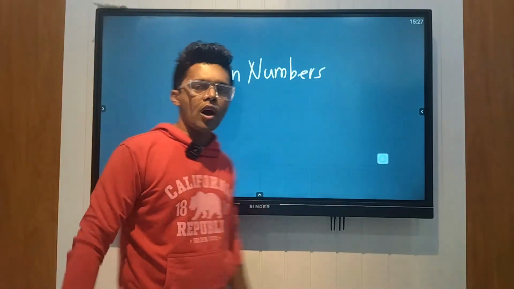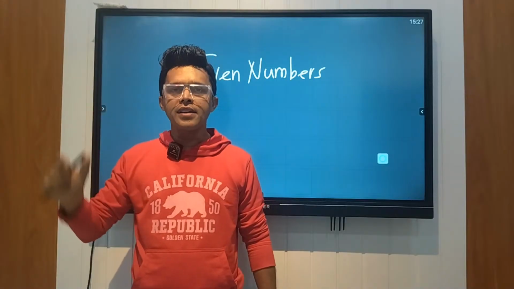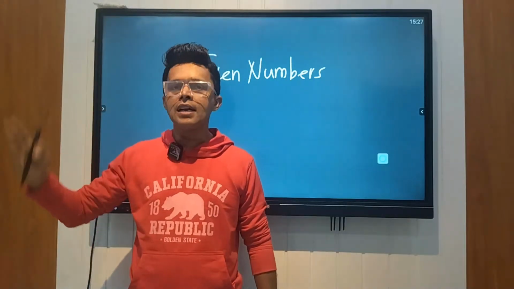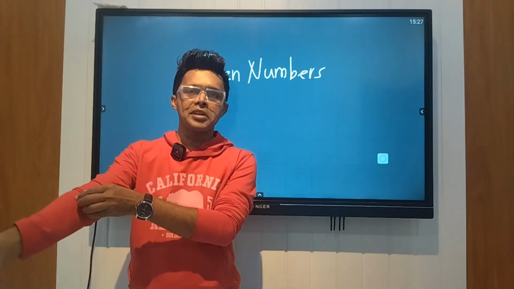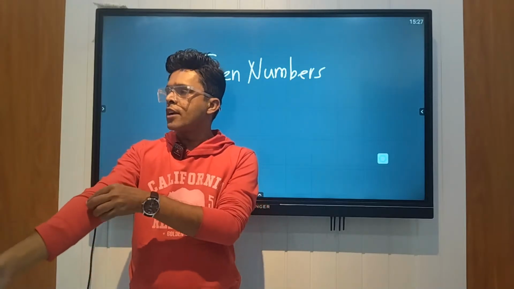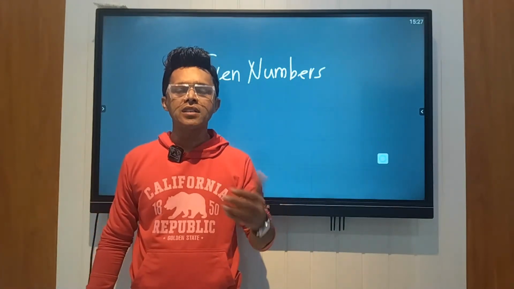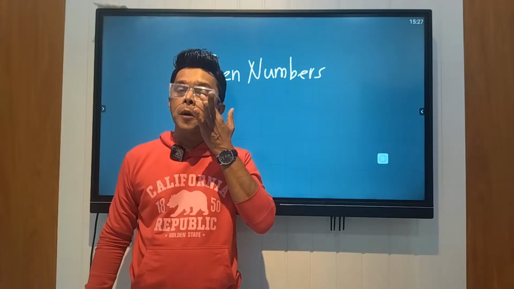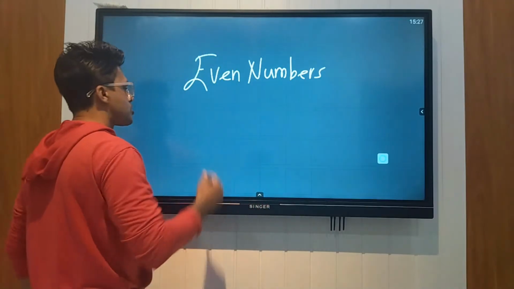Are you able to identify even numbers? Really, you are able to identify them clearly. Just recall the even numbers you learned so far: 2, 4, 6, 8, 10, and so on. Those are even numbers.